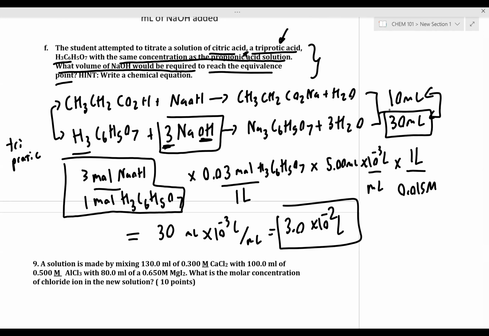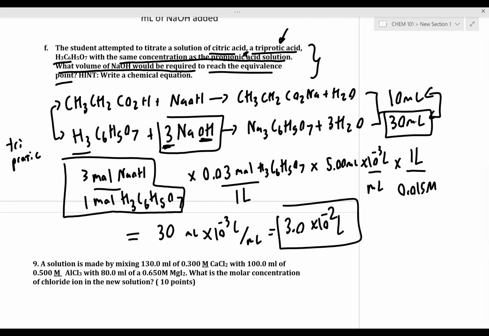You can look at the relative stoichiometry in your 2 reactions and then simply multiply the volume of NaOH required by the new stoichiometric coefficients. So we have 3 times the amount of NaOH required, so it requires 3 times the volume of NaOH for this triprotic acid. Does that make sense?